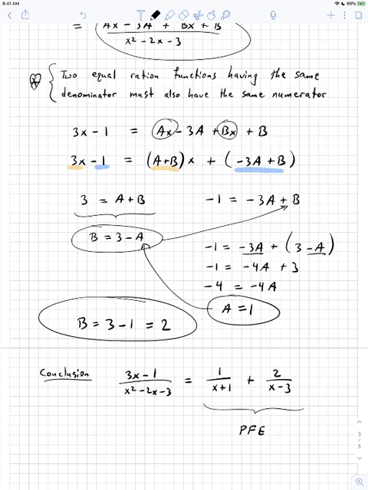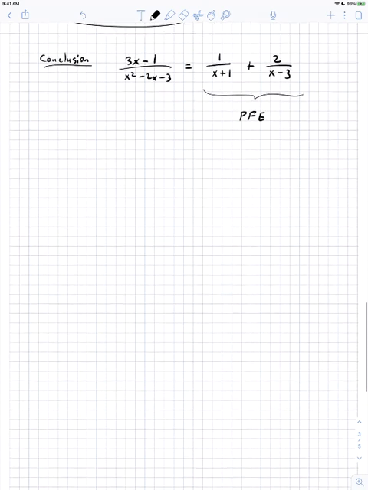Let's describe the method in more detail. So what we're looking at is the method for finding a partial fractions expansion for rational functions p(x) over q(x). Okay.